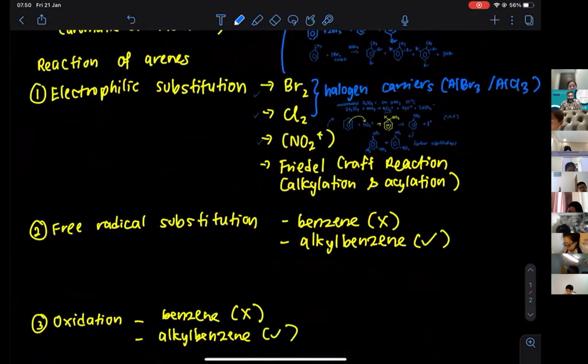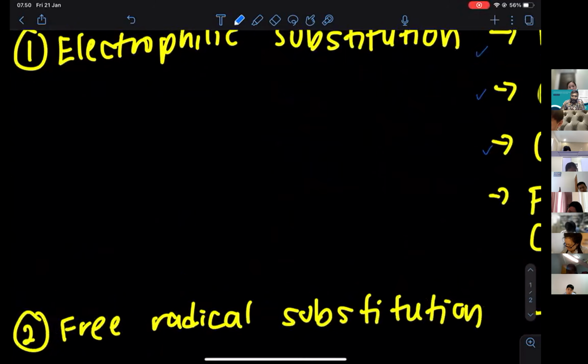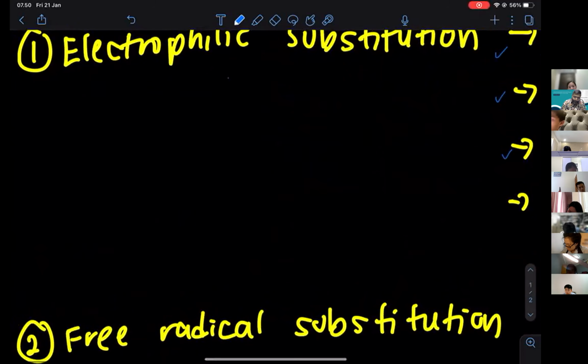Now we are left with the Friedel-Crafts reaction. For Friedel-Crafts reactions, we have learned alkylation and acylation. I will show you directly here, separately, alkylation and acylation.